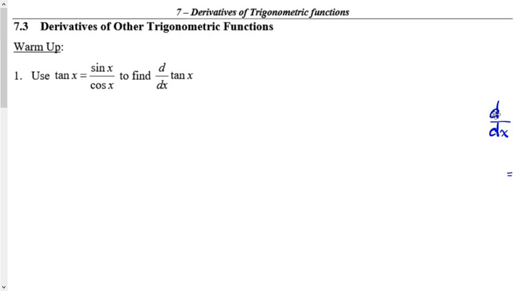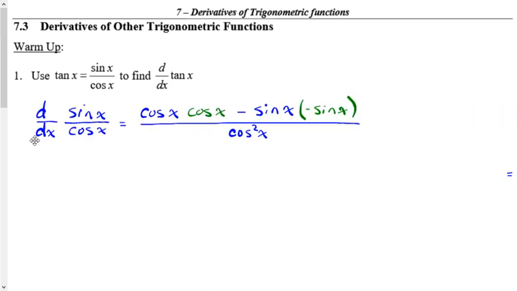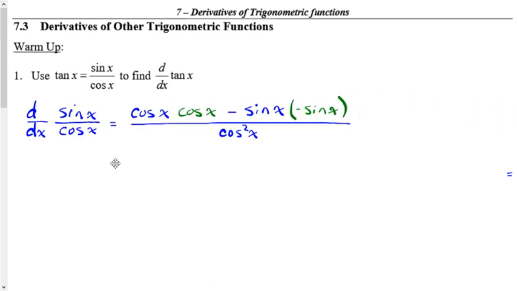All right, here. So what I get when I take the derivative of sine x over cos x, we have a quotient rule, low d high, that's the green part, minus high d low, again, derivative of cos is negative sine x, square the bottom, there you go.